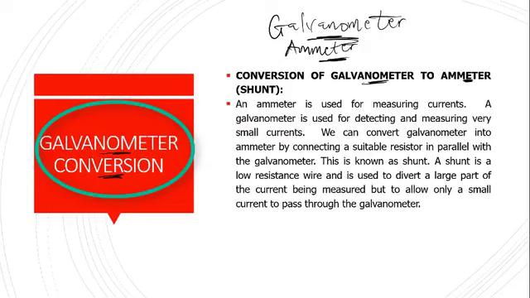Actually, a shunt is an instrument we connect with the galvanometer so that it can measure big amounts of current. This shunt is a resistor. It is a low resistance wire, and it is connected in parallel with the galvanometer to allow a quantity of current to pass through it.